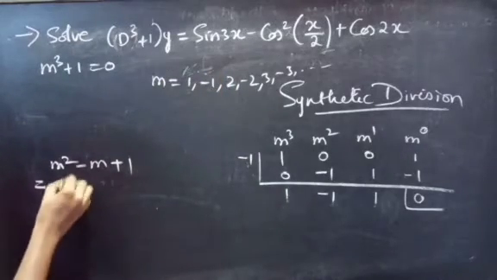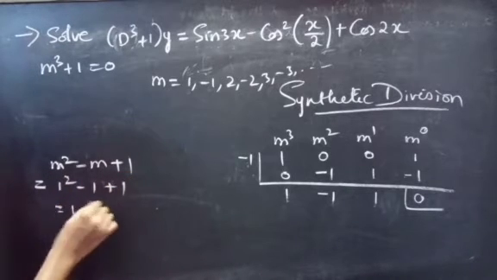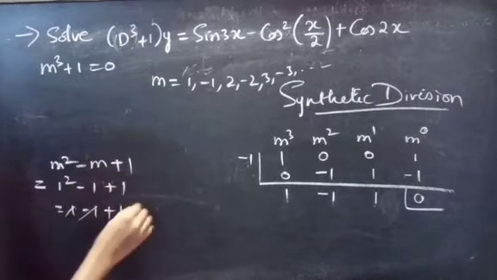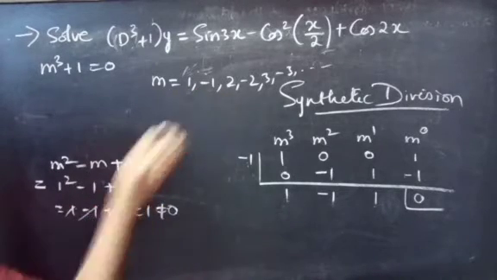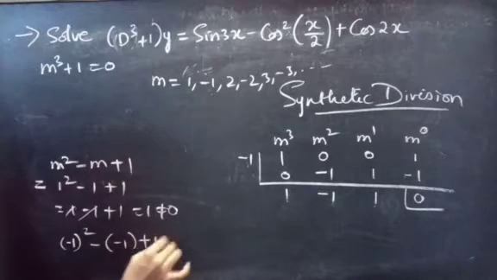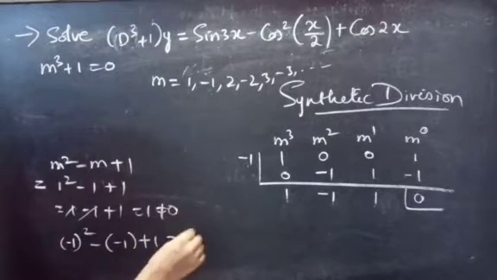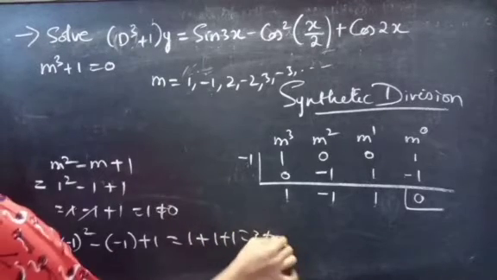If you take m equals to 1, you'll get 1 minus 1 plus 1 is equals to 1, non-zero. If you take m equals to minus 1, again you'll get minus 1 whole square is 1 plus 1 plus 1, 3, non-zero.